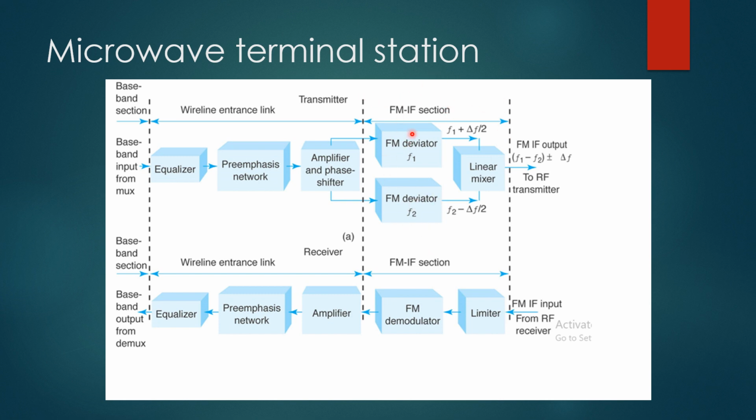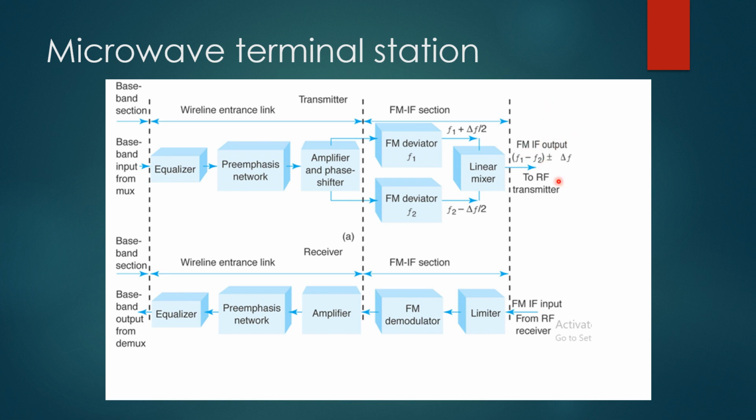Here, instead of using one FM deviator, we have used two FM deviators with carrier frequencies of F1 and F2, so that our linearity requirements decrease. For more simplicity, we have used two FM deviators and then combined them in a linear mixer to get our required IF.